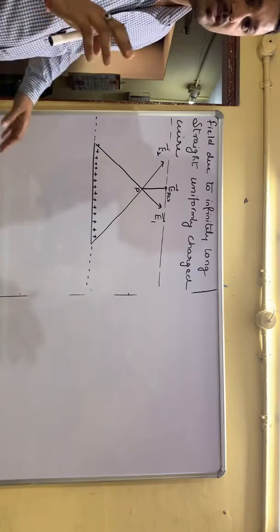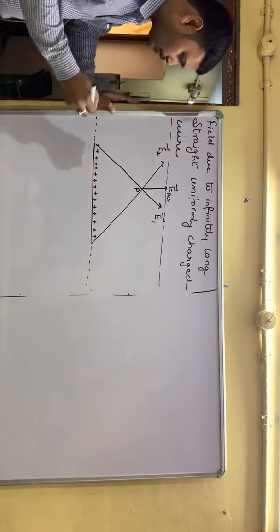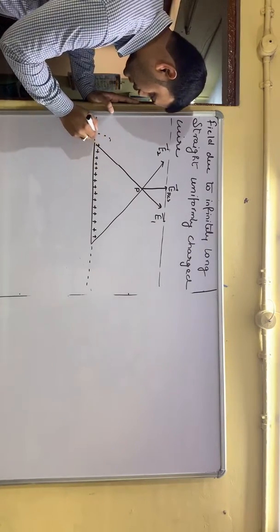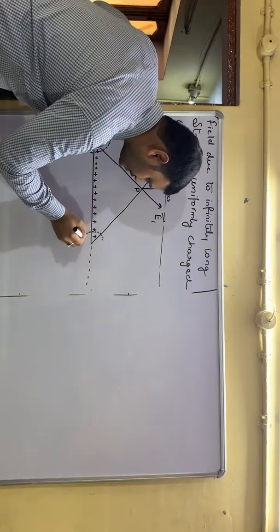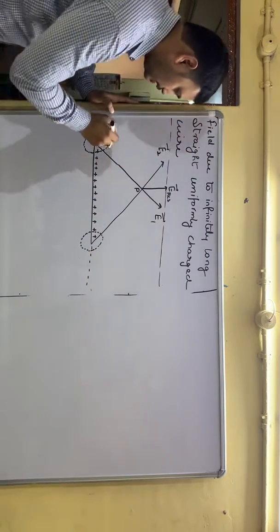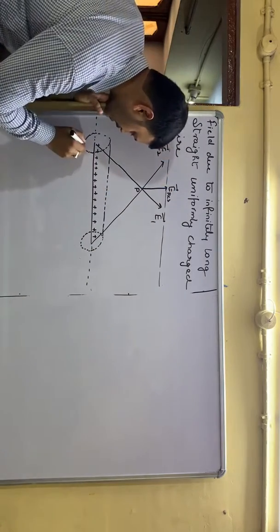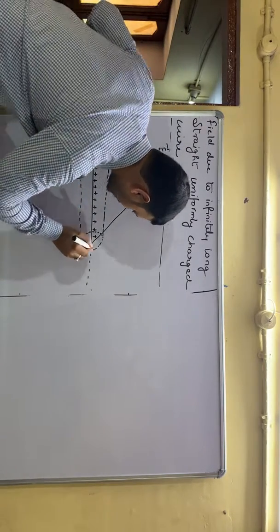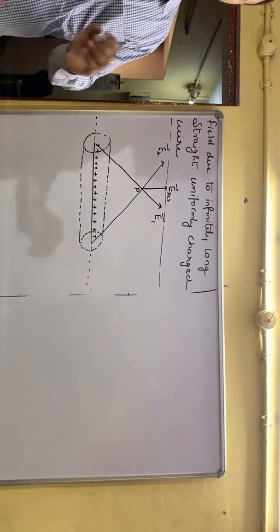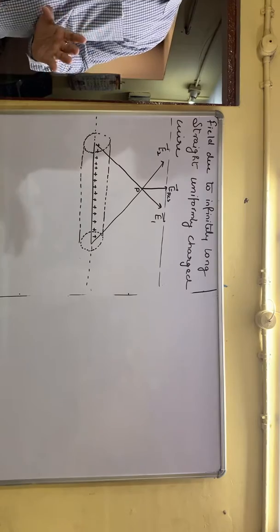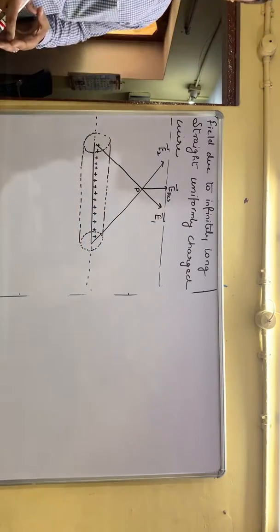So a Gaussian surface will be marked here in the form of a cylindrical body, and this cylindrical body is enclosing all the charges. As per Gauss's law, the Gaussian surface should enclose the charges.